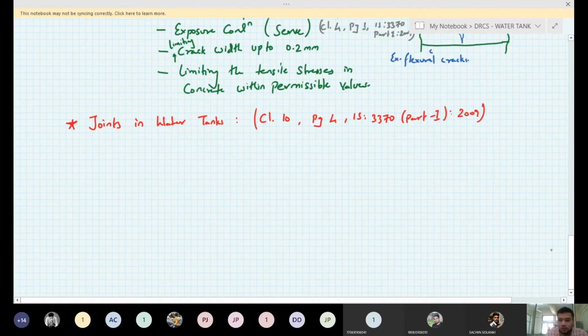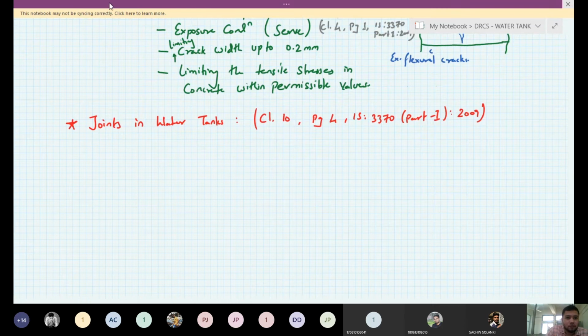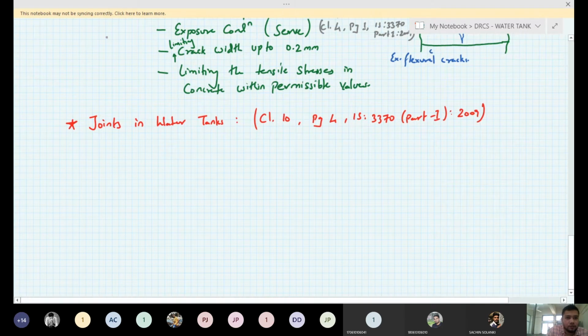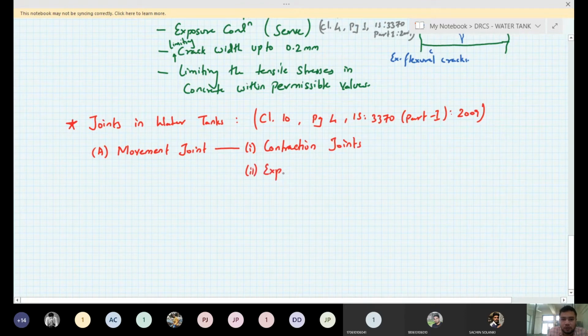So we can have movement joints, and these movement joints can be contraction joints, it can be expansion joint, or it can be sliding joints.